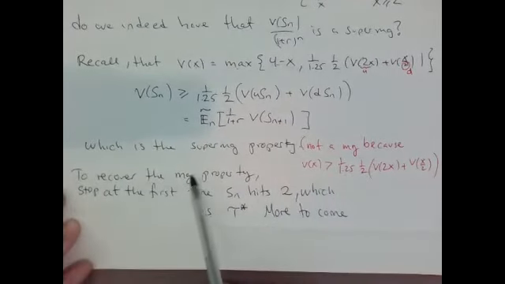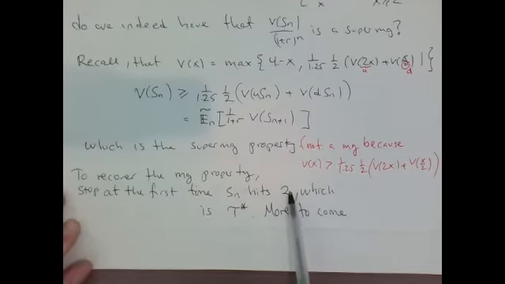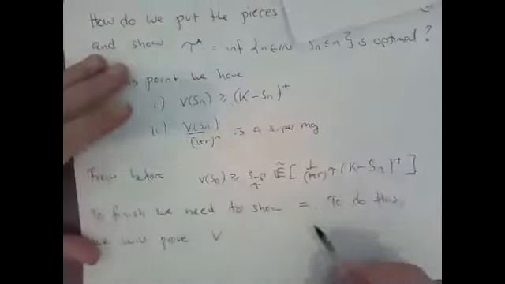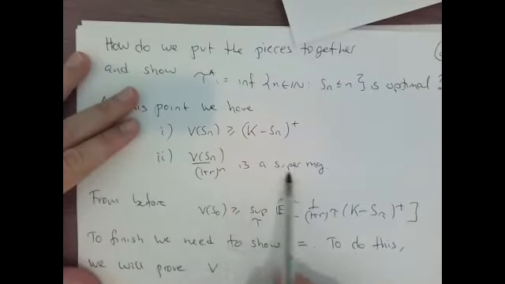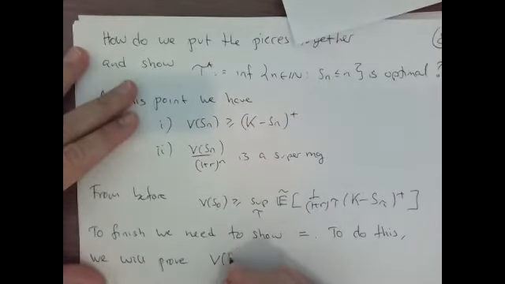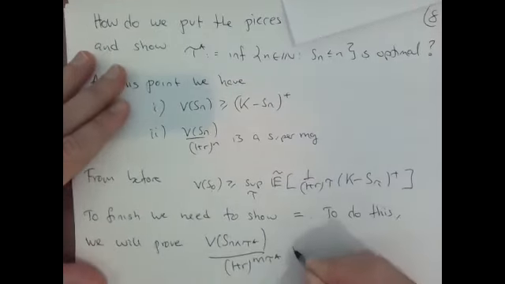To recover the martingale property, we stop it the first time you hit 2, which is this tau star. So there's more to come. This is what's coming now. If we do that, we'll prove that this supermartingale property over here can be upgraded, that this is a martingale.